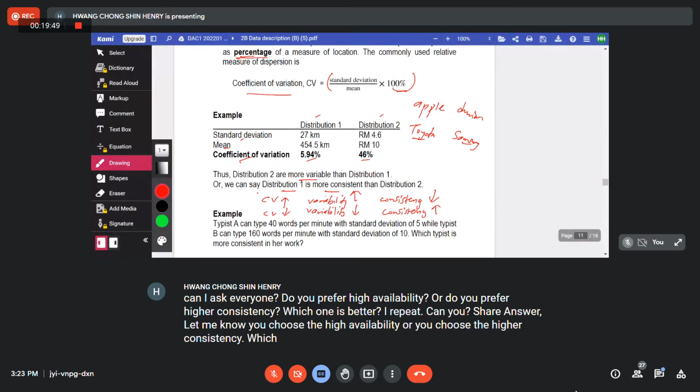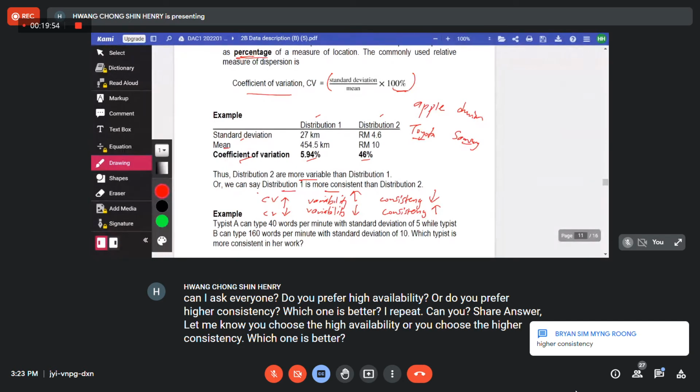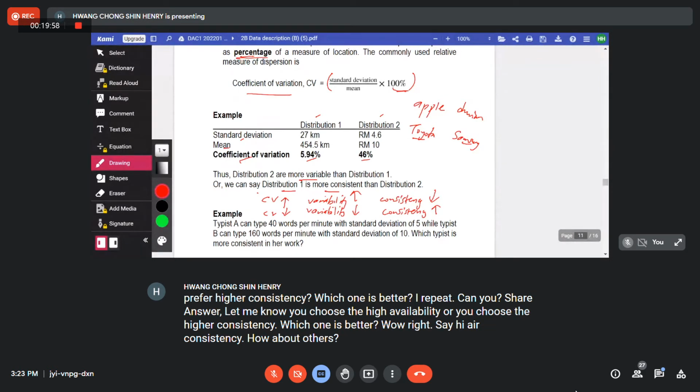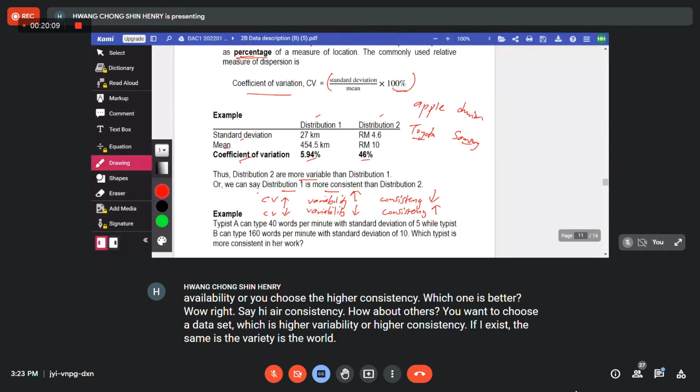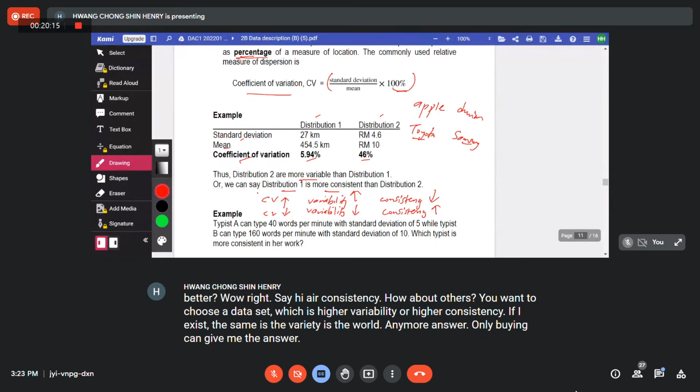Brian says higher consistency. How about others? You want to choose a data set which is higher variability or higher consistency? If higher consistency, it means the variability is lower. Any more answers? Only Brian can give me the answer. How about others?